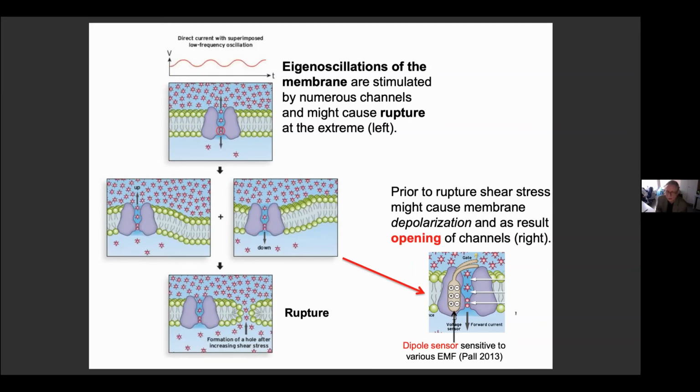And I should also mention that there are dipole sensors in these voltage-gated ion channels, which might be sensitive to various kinds of electromagnetic fields. And there is an interesting review about many other studies which describe calcium imbalances by Paul, 2013 already published.